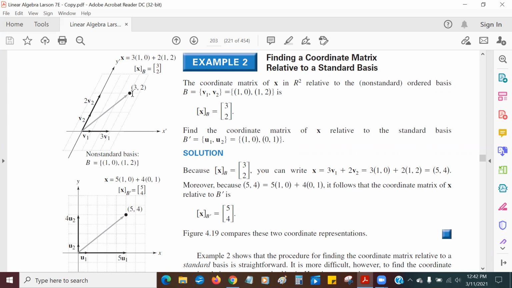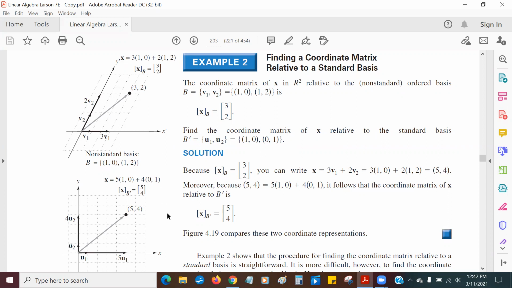Now we don't know this point as (3, 2); we know it by a different name. We know it as (5, 4). But if you're using this basis, it's 3 this way and 2 that way. And you see how the picture is all slanty, and it kind of represents that.